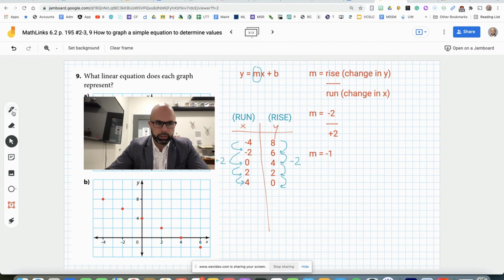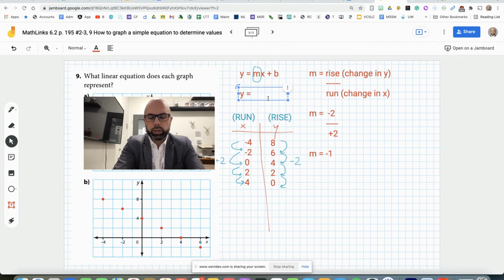And let me connect the dots here. We're going to say that y equals -1x. Now, in answer to some questions, you can just write -x. You don't really have to put 1 times x because whatever x equals, that 1 will not change it. But just for the sake of clarity, I'm going to leave that -1 here and put it right in our equation. -1x plus b.